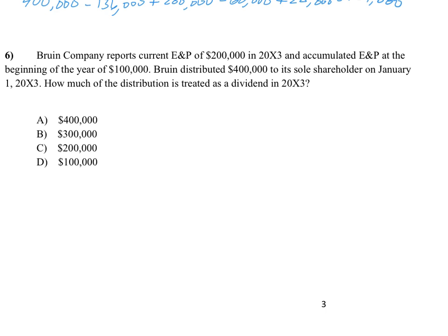Bruin distributed $400,000 to its sole shareholder on January 1st of year 3. How much of the distribution is treated as a dividend in year 3? Okay, so I'll pause a minute and let you guys think.